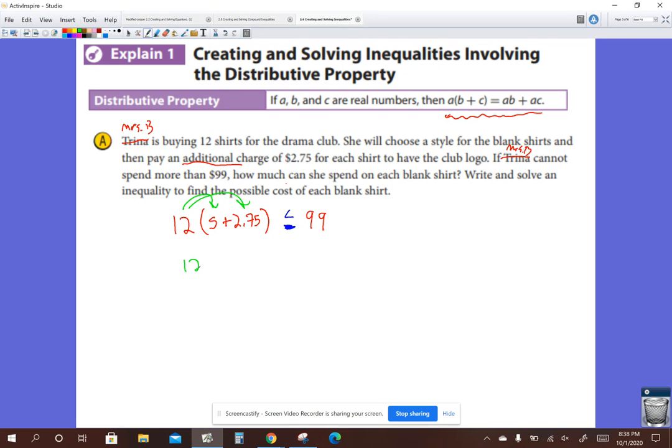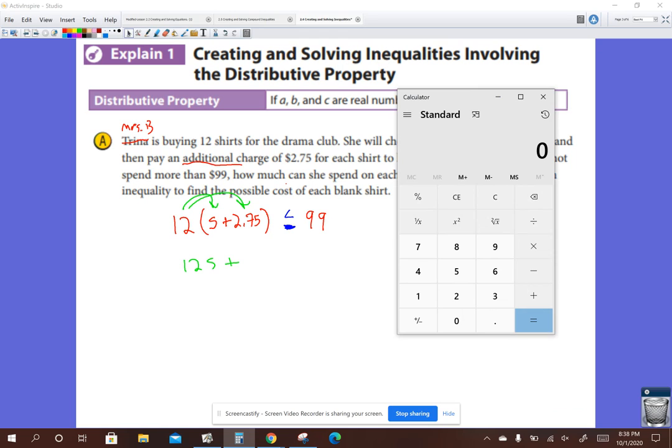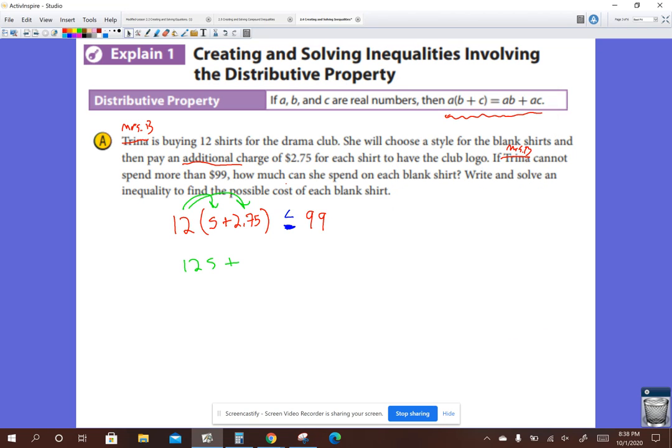So we're going to have 12s plus, I'm going to use my helper here, 12 times 2.75, that's $33, plus 33 is less than or equal to 99.